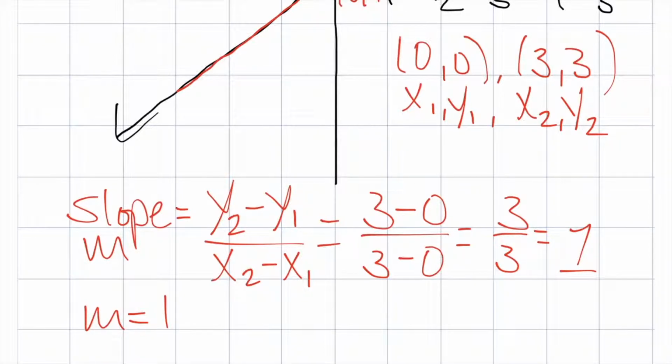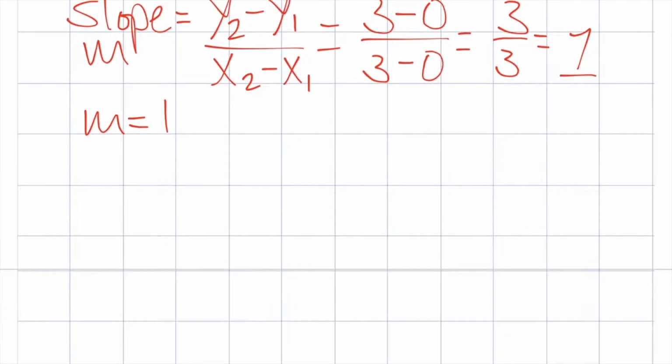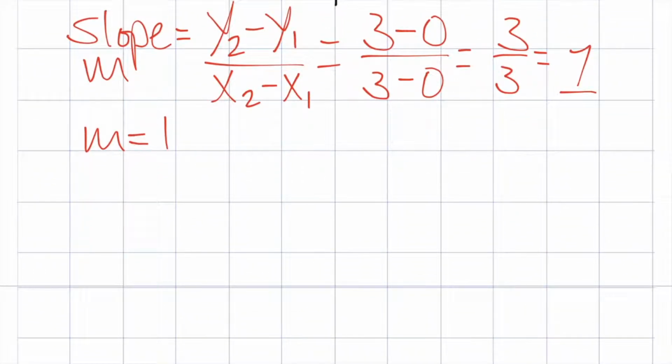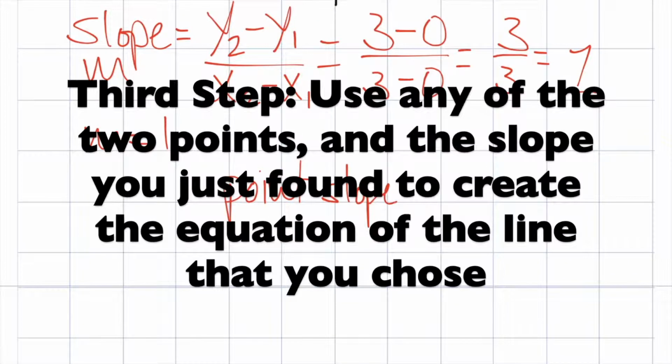Alright, so now what we need to do is find the equation of the line. And in a previous video, I talked about point slope form, the point slope formula, or form, whatever you want to use.